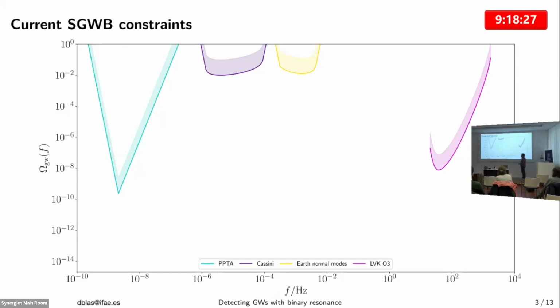Because we have very good seismography, you can say that the background of gravity waves at the frequencies of the normal modes of the Earth is not bigger than that. Similarly, there are bounds from the orbit of Cassini, an artificial satellite mission flying around the solar system. And again, now you have larger sizes.